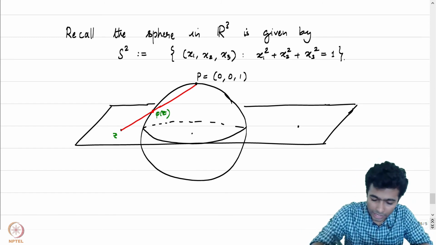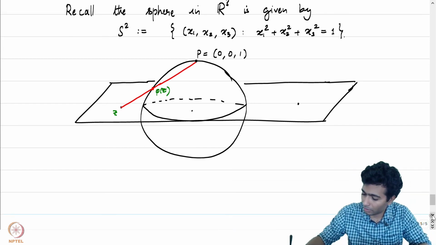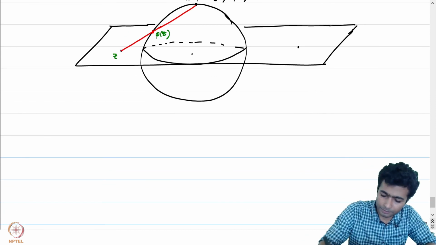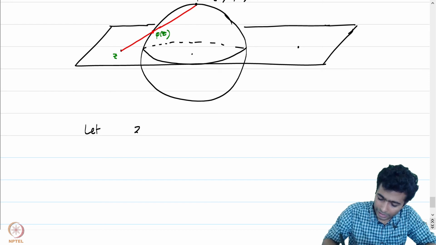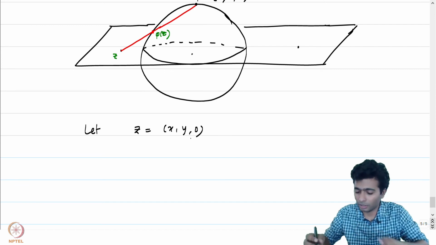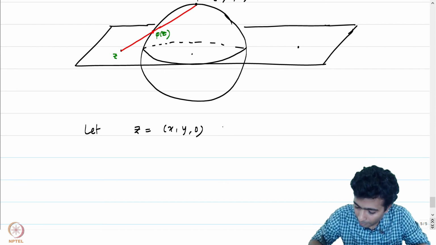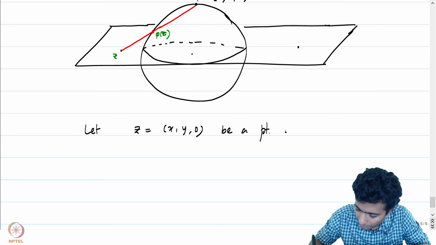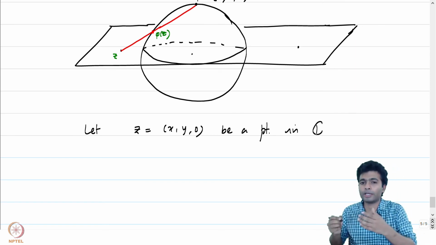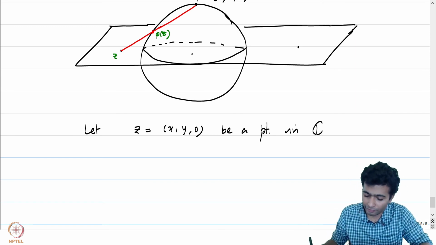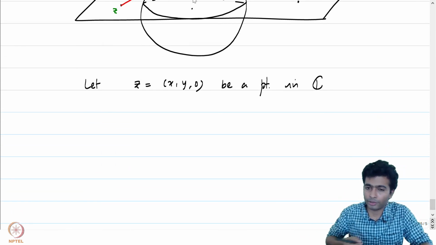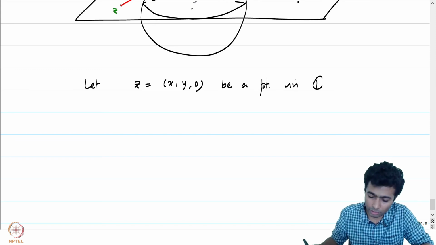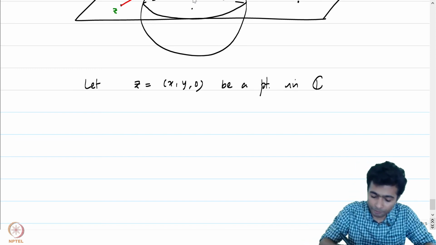So, let's capture all that we just said. Let Z equal x, y, 0 be a point on the xy plane, or the complex plane. I am just considering this as a set for now. What is the line which joins Z and P?